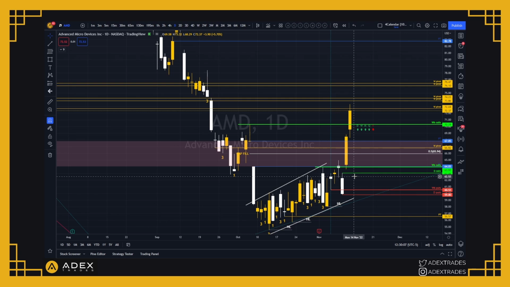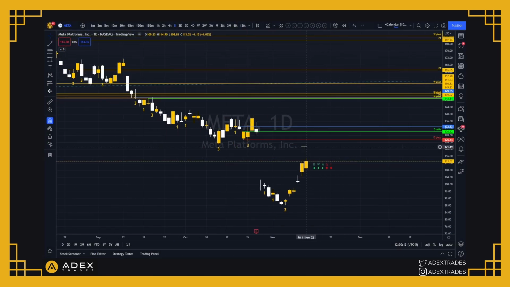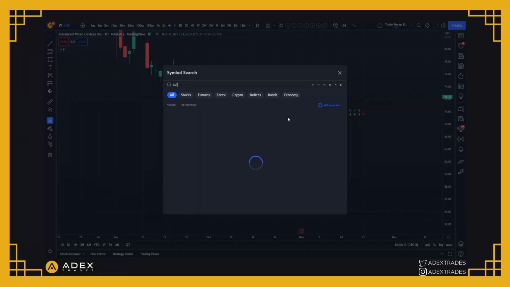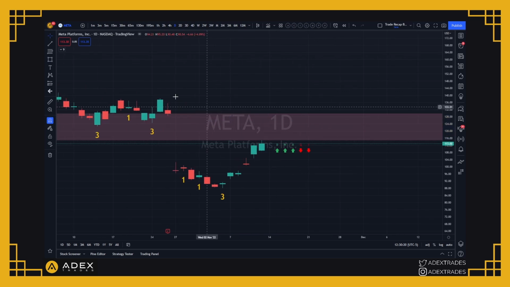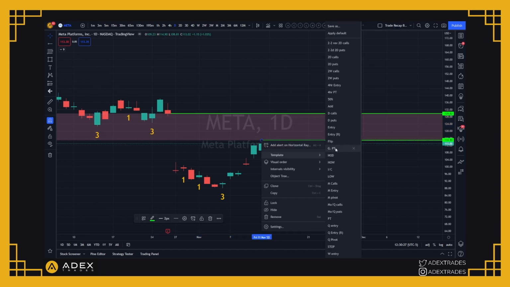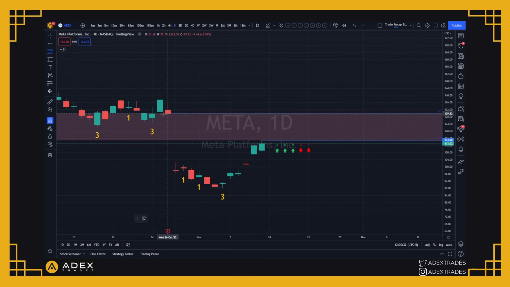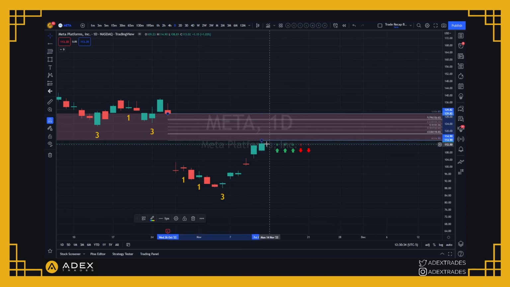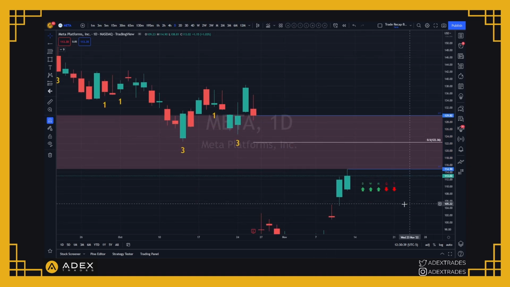Adex, can you show the Meta gap? Someone was asking about where you would identify the gap for Meta. Bro, Meta's about to go off. I agree. I think there was large flow into like the 110 calls or something like that.